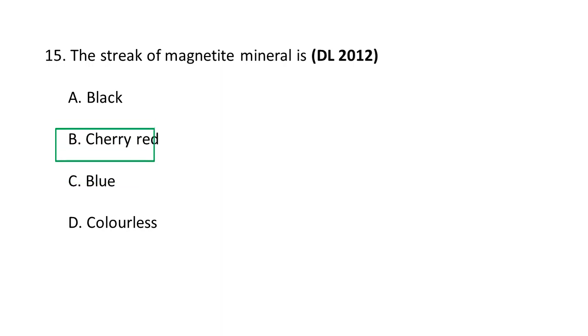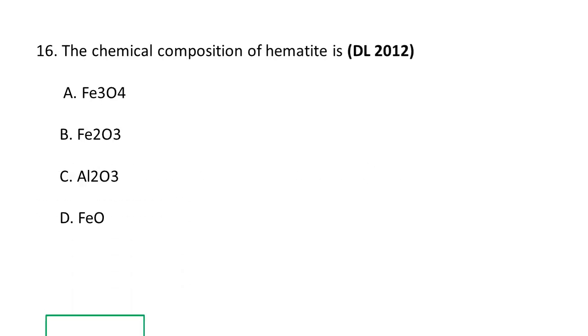The streak of magnetite is black. Next question. The chemical composition of hematite is A. Fe3O4, B. Fe2O3, C. Al2O3 and D. FeO. Chemical composition of hematite is Fe2O3.